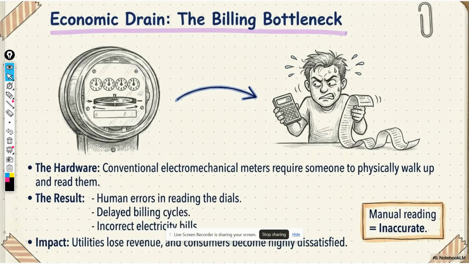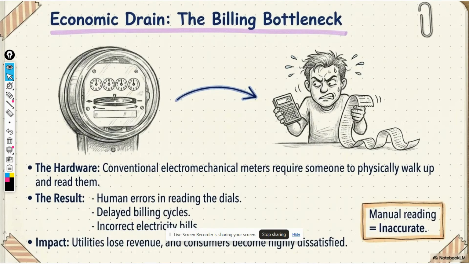Unexpected equipment failures increase repair cost even further. So all these activities involve significant expenditure. Moreover, emergency maintenance is always more expensive than planned maintenance. The conventional grid mainly follows reactive maintenance, where equipment is repaired only after failure occurs.